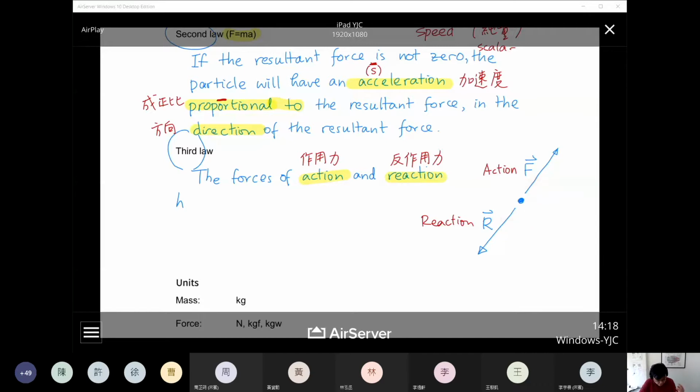So these two have the same size, but in science or in mechanics, or later on in mathematics, we will say they have the same magnitude.